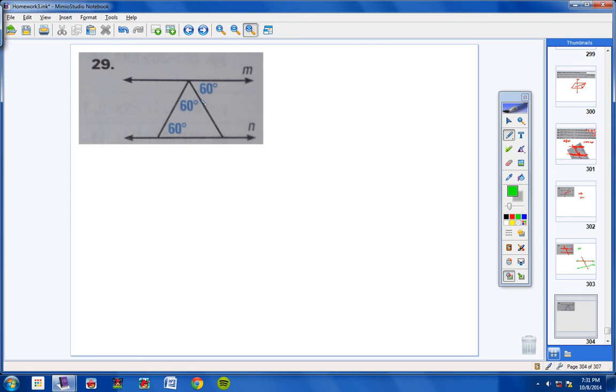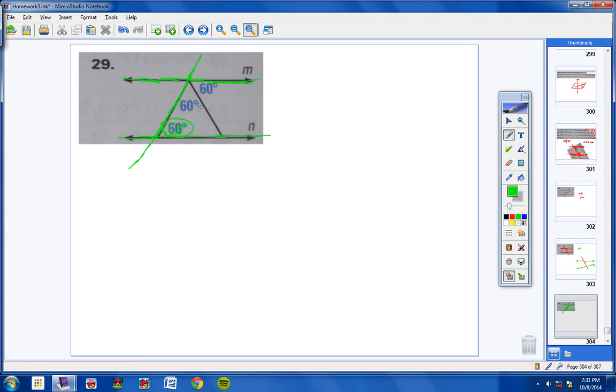Can I show you something, students? Watch this, please. You got to think outside the box. Okay, here's M. Here's N. Now I'm not going to draw this line here, okay? I don't really care about that line. I'm going to draw this line right here. Now watch this. This is so cool. Now this angle here is 60, okay?